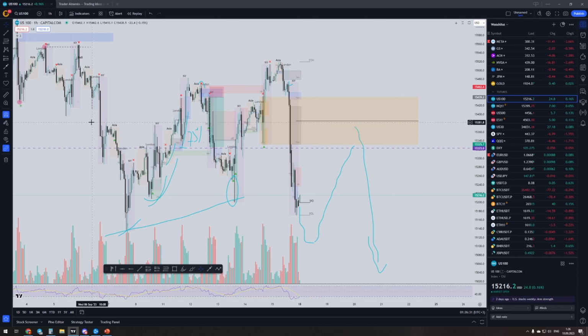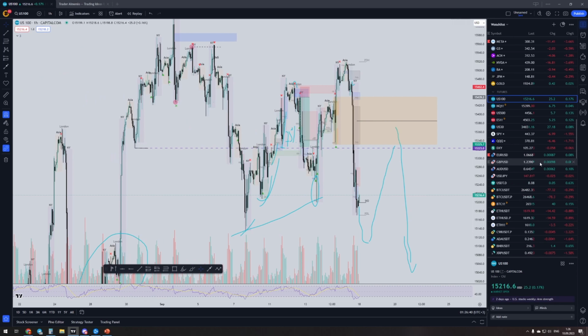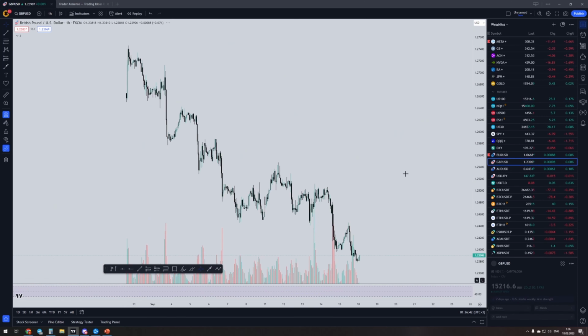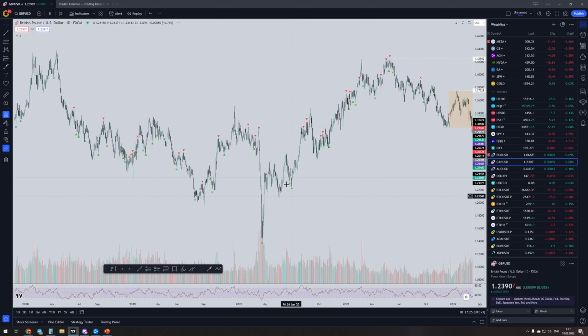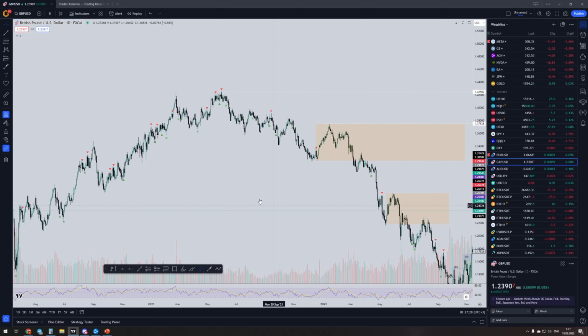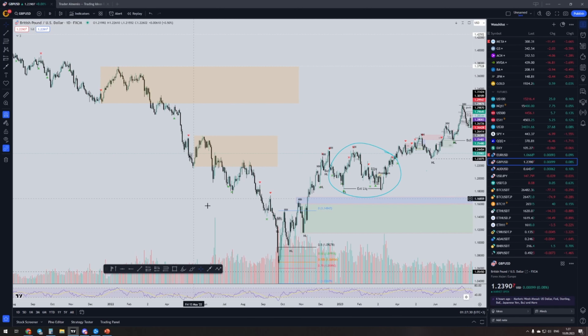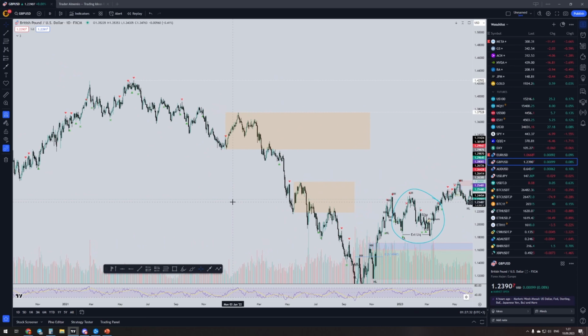And now let's talk about the mitigation block. A mitigation block is basically traders who've been trying to play against the trend. The best example I've seen is on the pound. We had a trend, going up and down, right? So traders who've been trying to open a long position in a downtrend, it's the same as an order block.